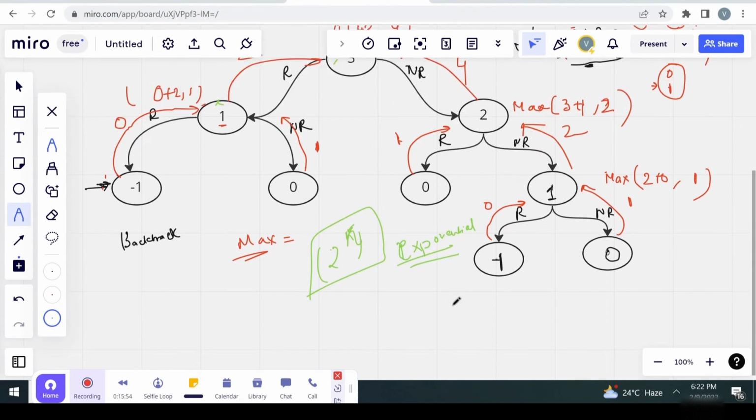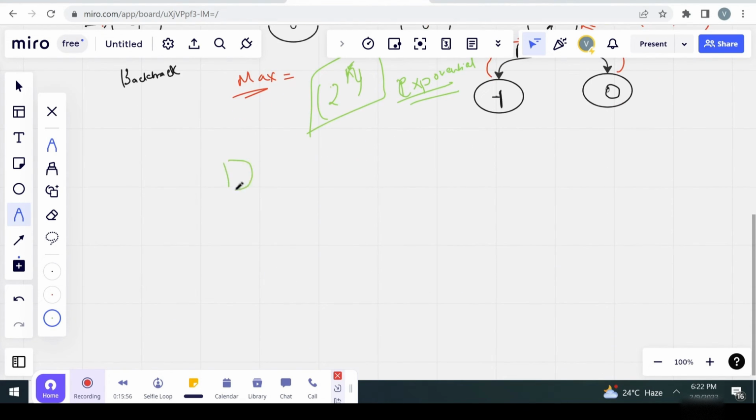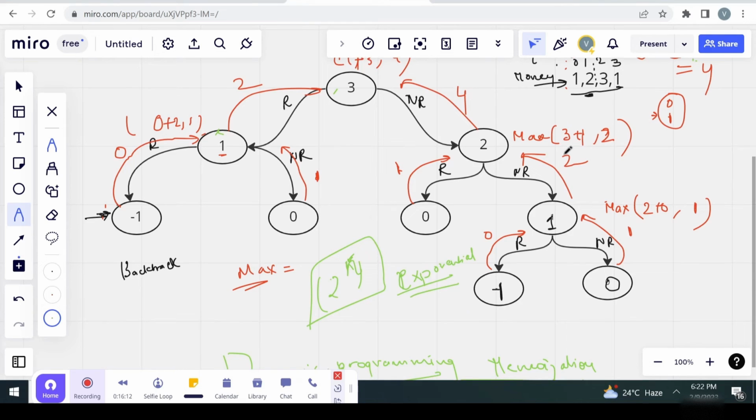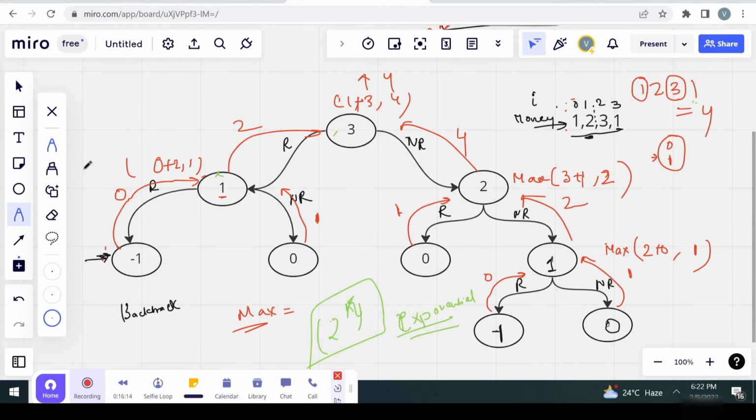Now can we reduce it? Yes, we can reduce it using dynamic programming, memoization. Our recurrence relation will remain the same, but what we can do better is memoize some of the subproblems.